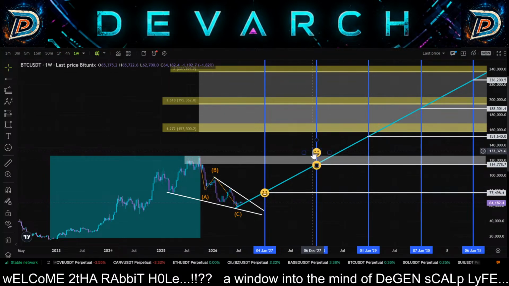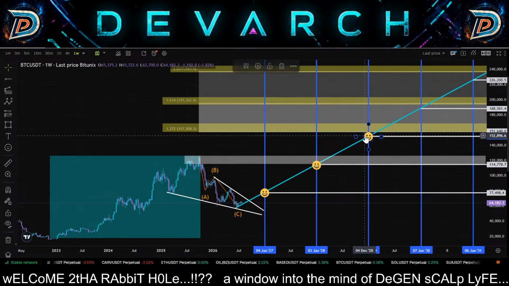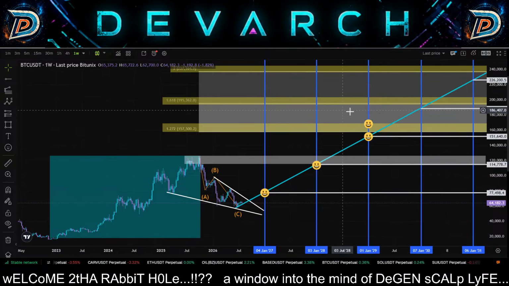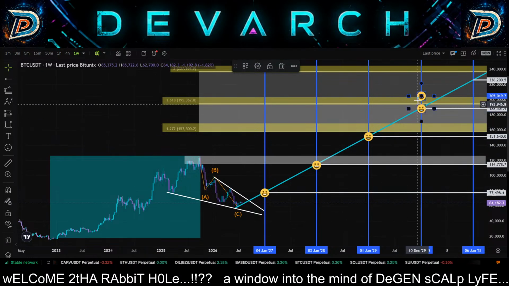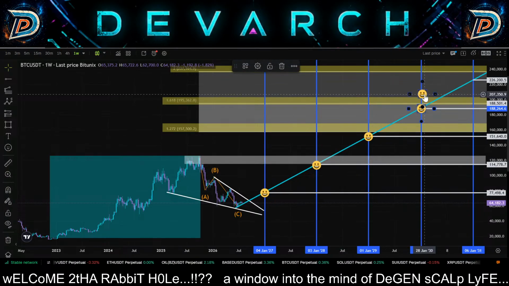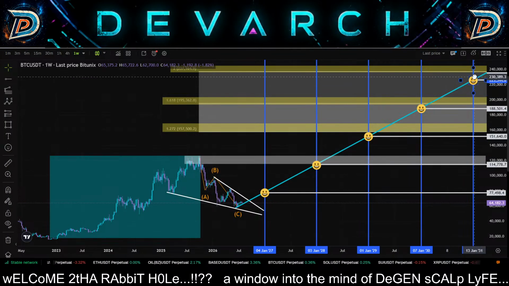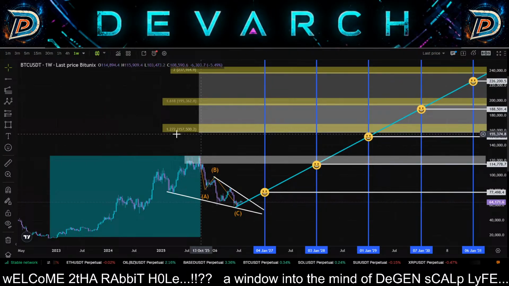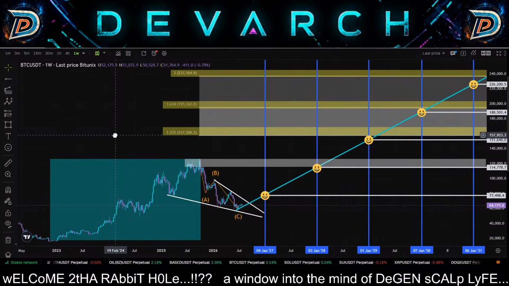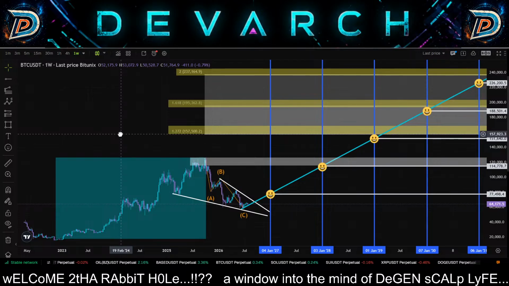My gut tells me that we're going to see a more parabolic trajectory. I doubt that we go in the same angular trajectory as the previous weekly impulse did, because there's more institutional adoption.